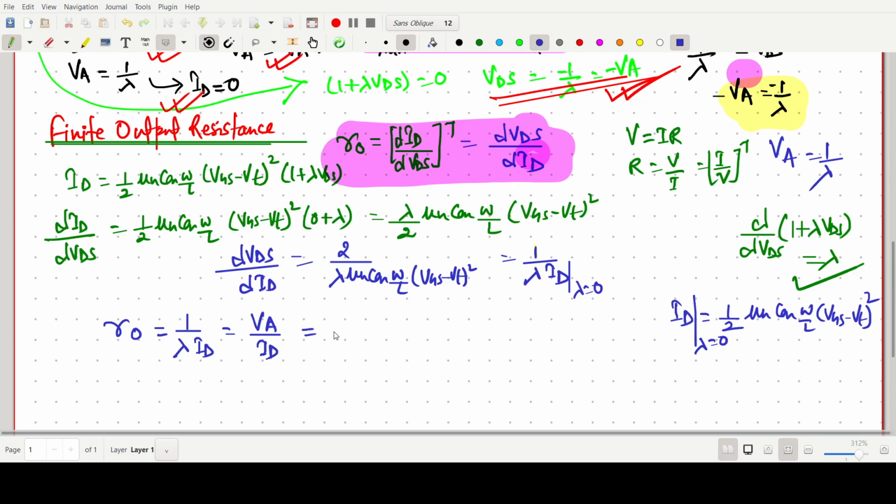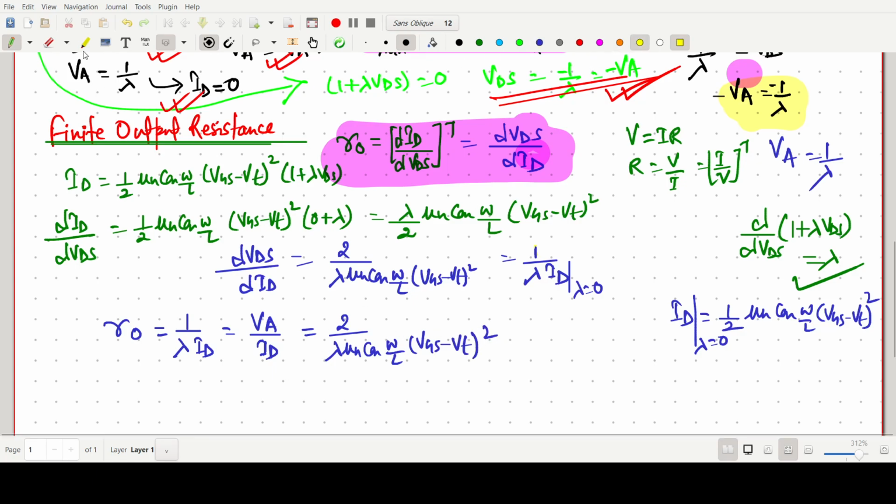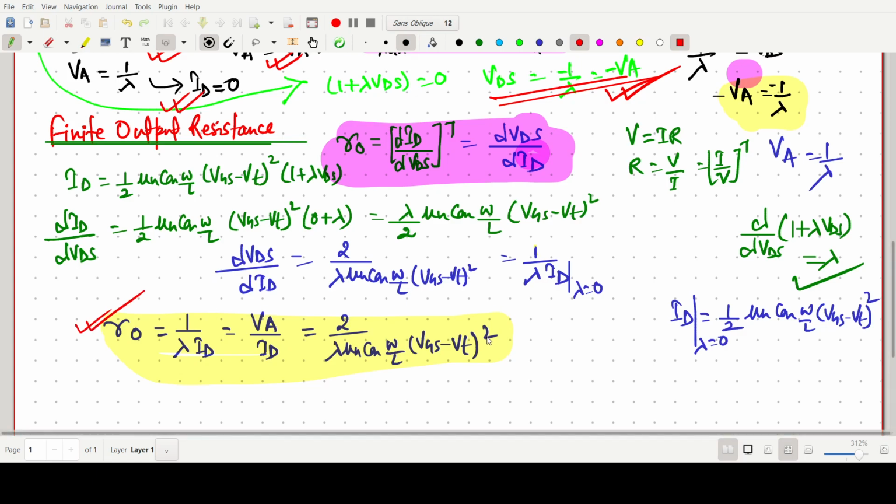If we write the full expression, we can also write 2 by lambda mu n Cox W by L (VGS minus VT) whole square. So this is the final expression for the output resistance. Output resistance, clear. This one is very easy to calculate. But we have to be very careful about all these expressions, and how to start, and all these things are valid when the device is in the saturation region.